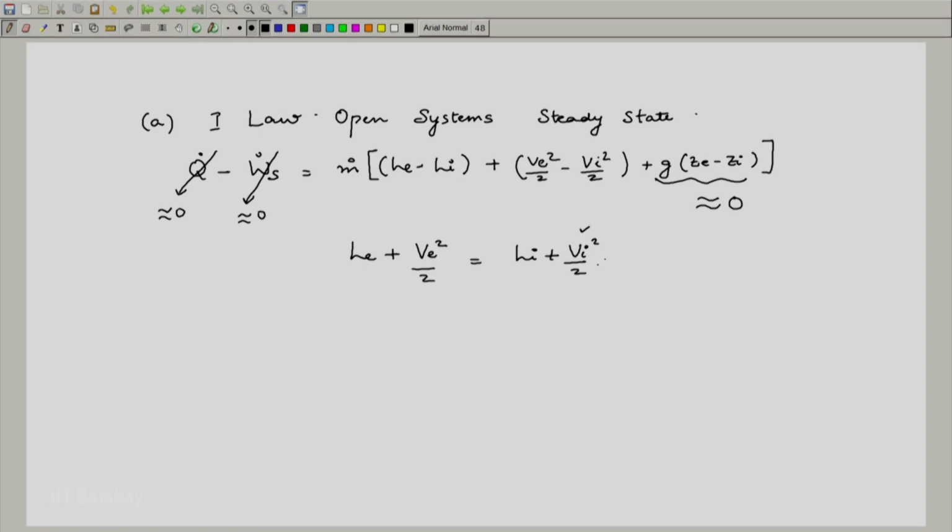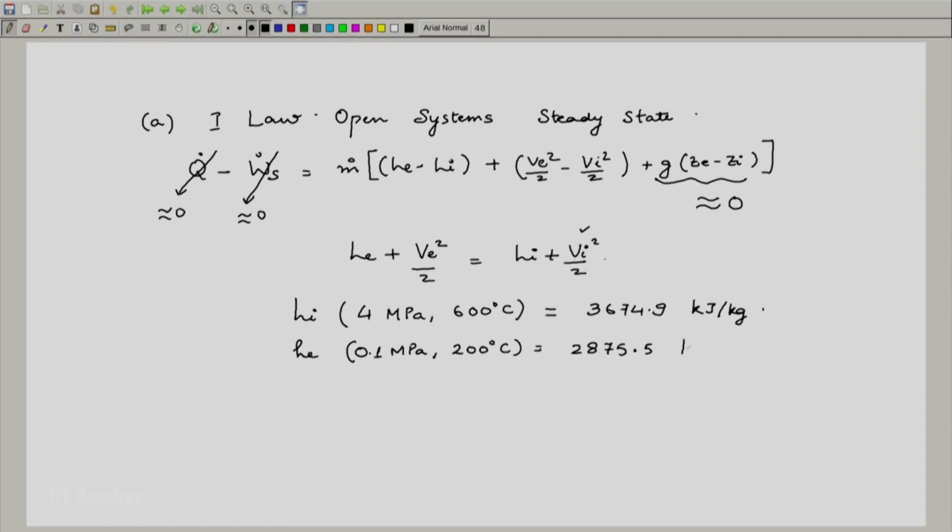We can take it here, and Hi can be read out from the steam tables because the conditions are given. It is 40 bar or 4 megapascals and 600 degrees centigrade. So, this can be read out. This is 3674.9 kilojoule per kg. What about He? That is at 1 bar, or this is 0.1 megapascal and 200 degrees centigrade. So, even this can be read out.